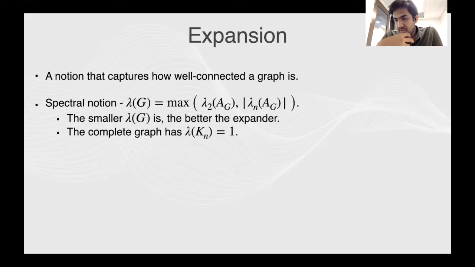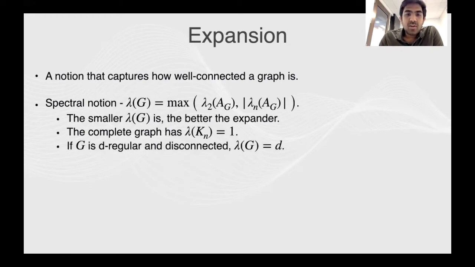And the main task is, can we have sparser graphs, ideally constant degree graphs, that achieve this? So if your graph is d-regular and in the worst case is disconnected, then your lambda of G is d. So this is the worst possible it can be, and the question is how much smaller than d can you make this quantity?